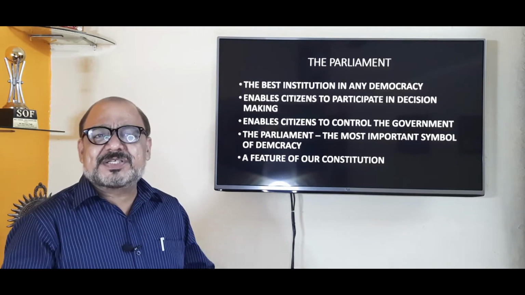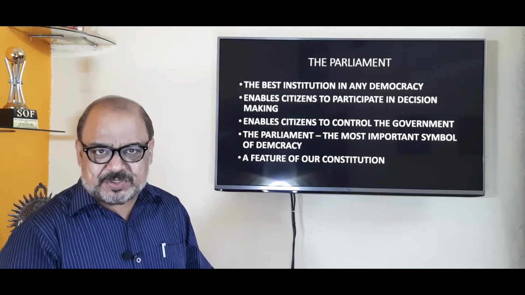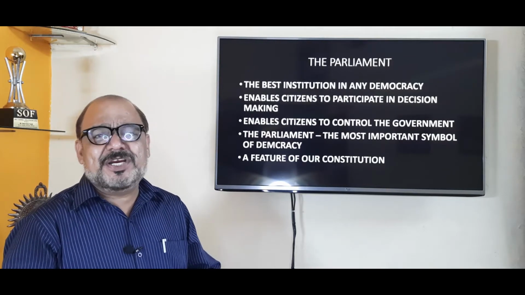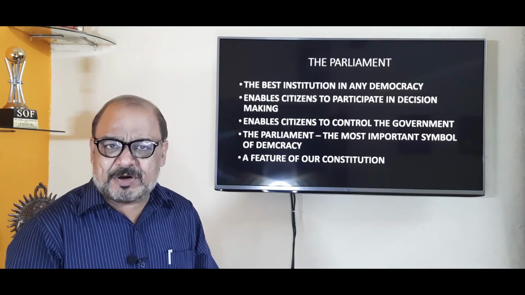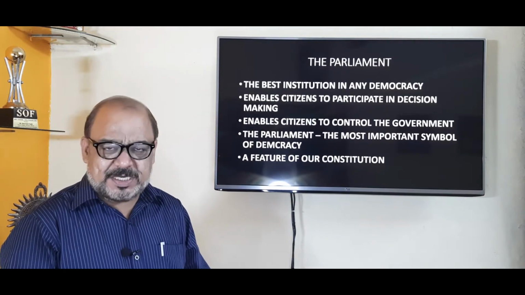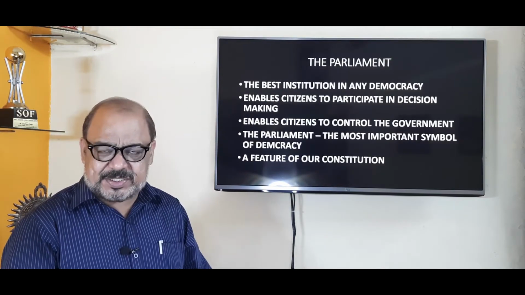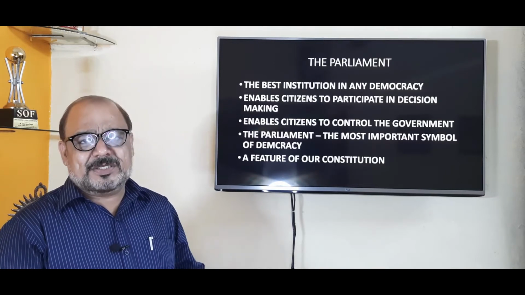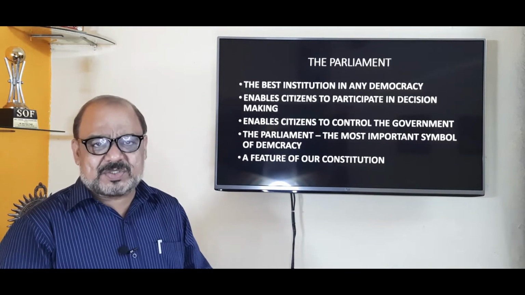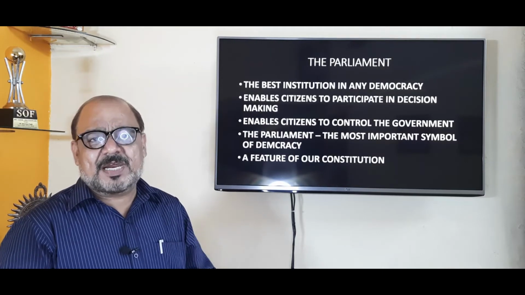Parliamentary system is a feature of our constitution also. Our constitution establishes India as a parliamentary form of government. Our parliament is called Sansad. It has three organs we have discussed: the President, the Rajya Sabha, and the Lok Sabha. Or if we say it has two houses, the Rajya Sabha and the Lok Sabha.